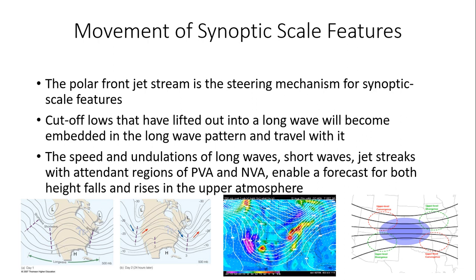And ahead of these disturbances, remember from the last training video, I talked about areas of positive vorticity advection, which in this particular chart are indicated in this red shading here. We have areas of positive vorticity advection and areas of negative vorticity advection.